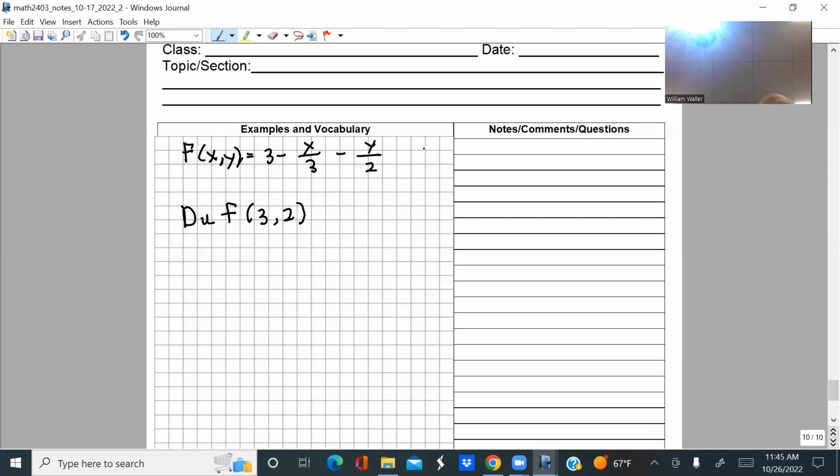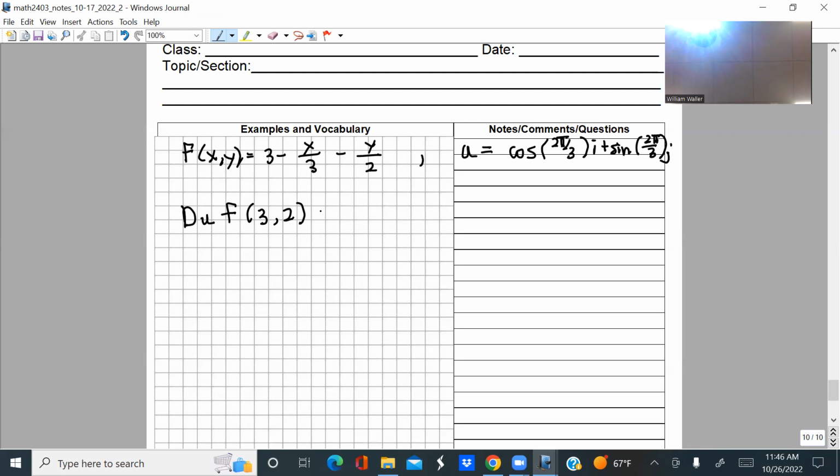And the particular direction in which we wanted to find the slope is cosine of 2 pi over 3 times i plus sine of 2 pi over 3 times j, because they wanted to go in the direction of 2 pi over 3.